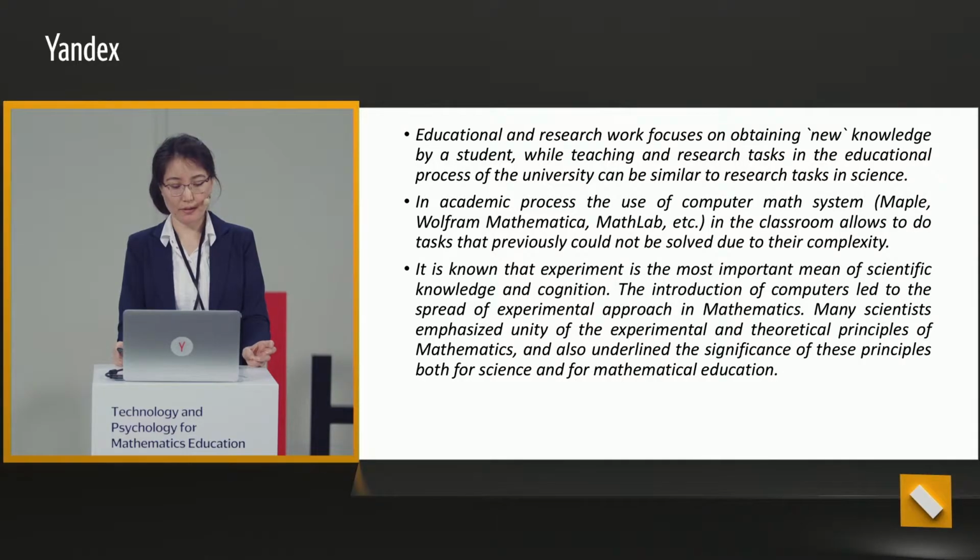The aim of research work in the process of education is to provide the students acquisition of research skills as a way of exploitation of reality and developing the ability of research thinking and targeted cognition. It's known that experiment is the most important means of scientific knowledge.